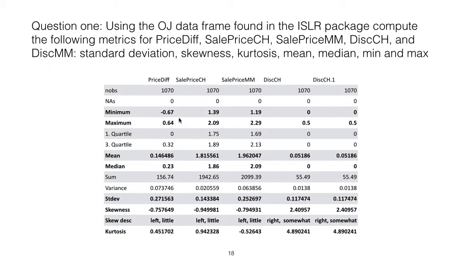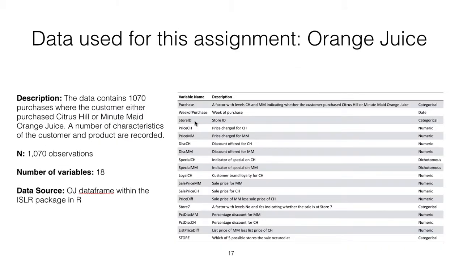Well, I'm going to go to price difference. Price difference is Minute Maid minus Citrus Hill. I know my data. So if I look here, price difference: sale price of Minute Maid less the price of Citrus Hill. That's why it's so important to document these variables in your data.